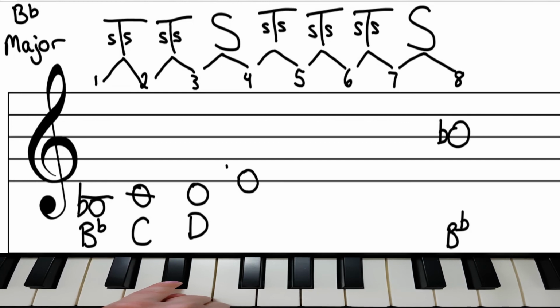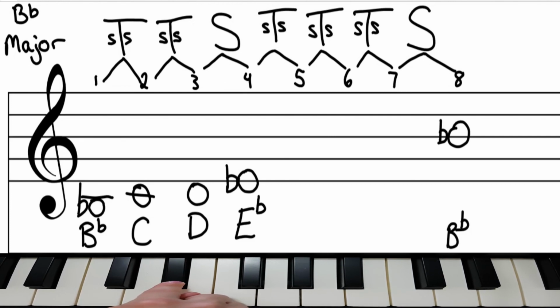And notice that I did not say D sharp, as E flat and D sharp are the same note with different names, and we're going to be sticking with the flats as the scale has a flat in its name. This is E flat.